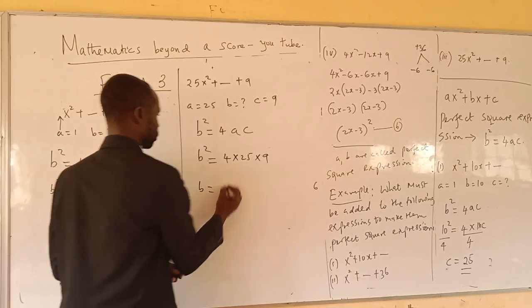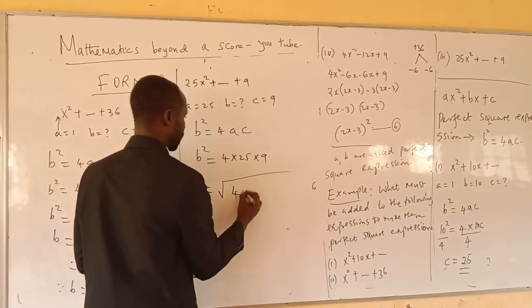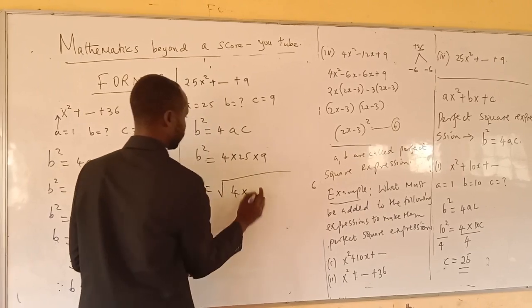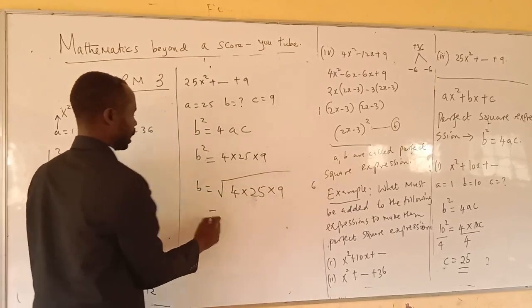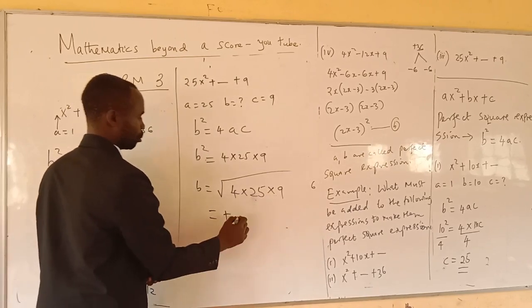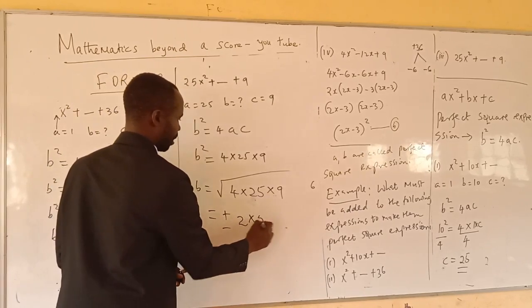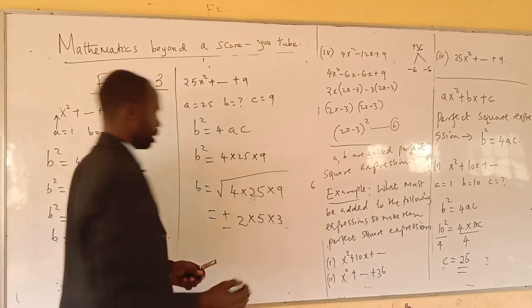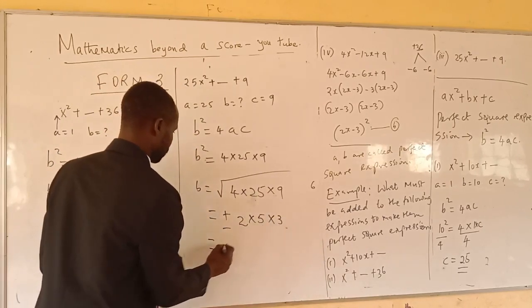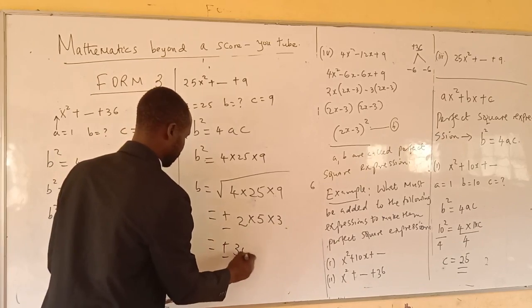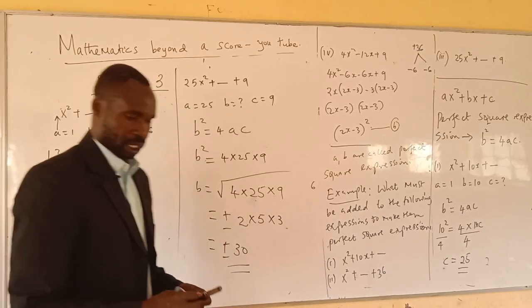B equals the square root of 4 times 9 times 25. The answer is plus or minus 2 multiplied by 5 multiplied by 3. 2 times 5 is 10, times 3 is 30. So the answer is plus or minus 30. That is what we will add.